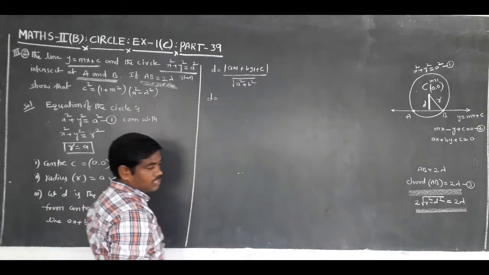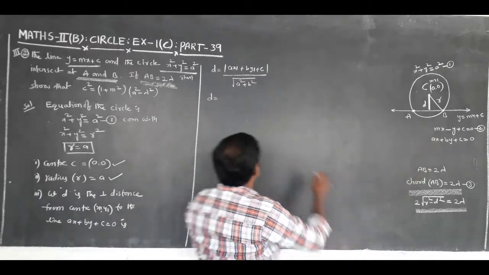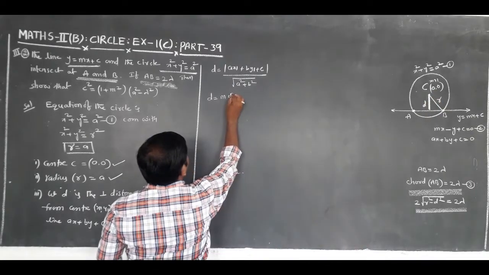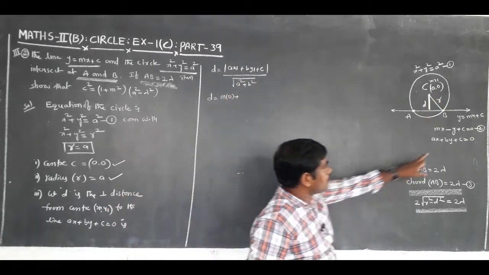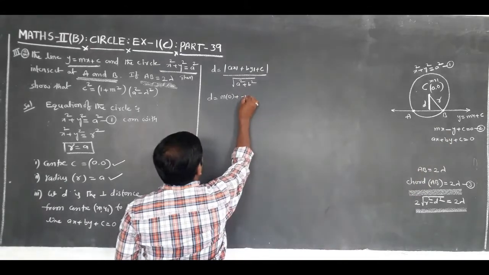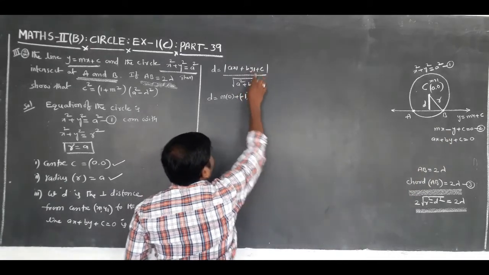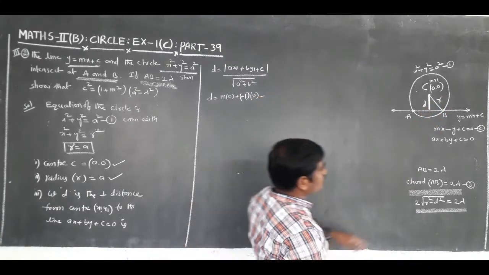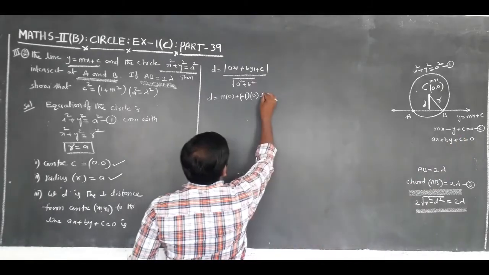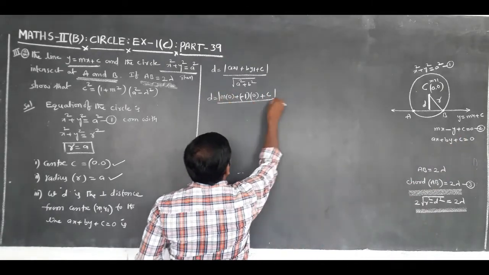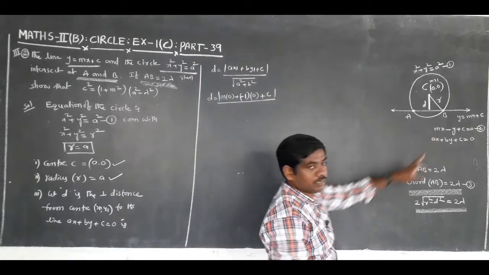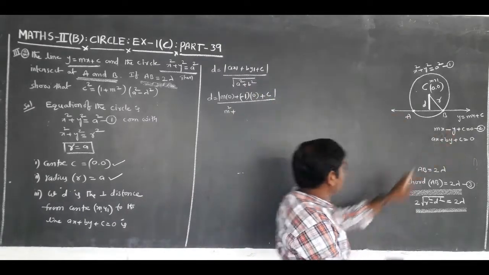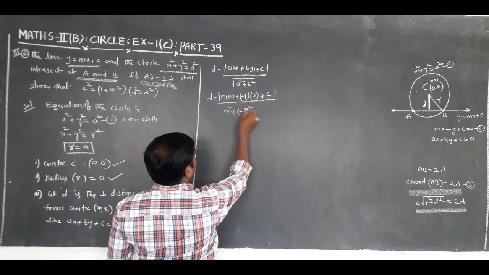Here a is equal to m, x1 is equal to 0, b is equal to minus 1, y1 is equal to 0, and c is equal to c, whole divided by under root of a square, meaning m square, plus b square, meaning minus 1 whole square.